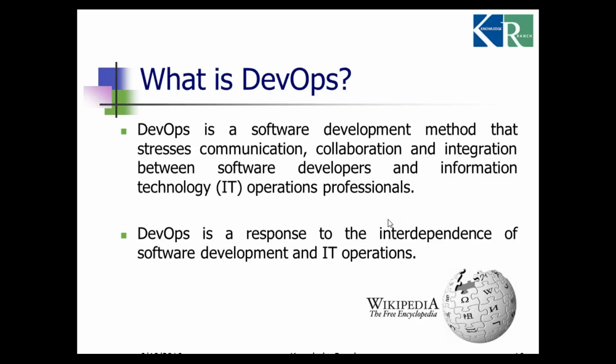The second statement says DevOps is a response to the interdependence of software development and operation. Now remember, this interdependence was always there. There was no one in IT, even a decade back, who did not realize the need to collaborate with operations or with development. It's not something that came out of the blue.